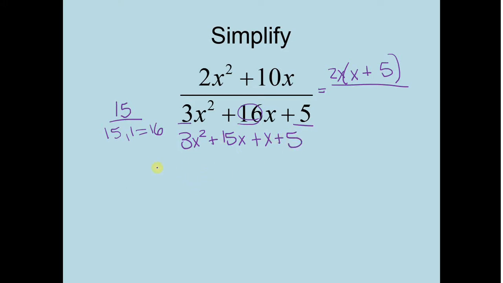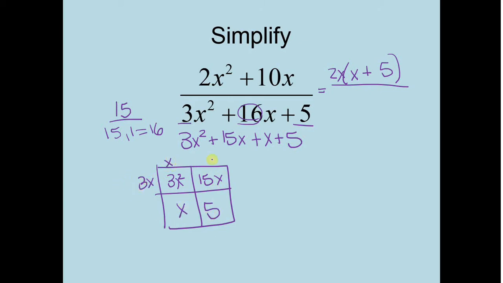All right, let's box. These go on the inside because I'm trying to find the outside. There we go. 3x, an x, 5, and a 1. So I would have on the bottom here 3x plus 1, x plus 5. Do you see anything on the top and on the bottom that we can cancel out? x plus 5, right?